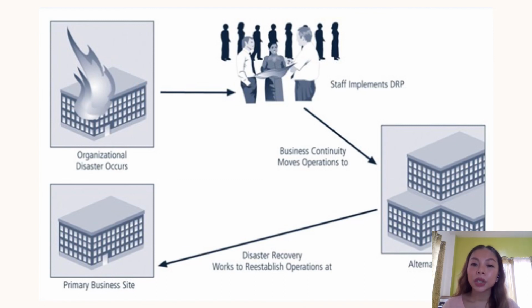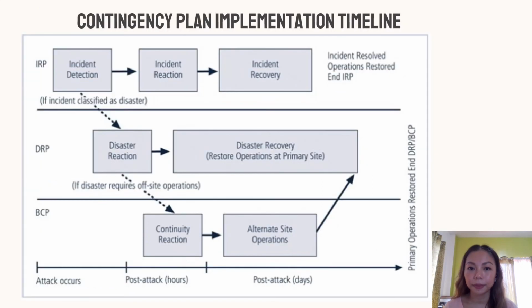When an organizational disaster occurs, an organization implements its DRP. The DRP team works to establish operations at the primary business site, and the BCP team moves the operations to an alternate site to minimize downtime. In addition, when an attack occurs, the incident is detected and thus triggers the IRP.